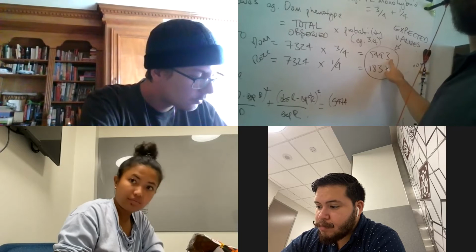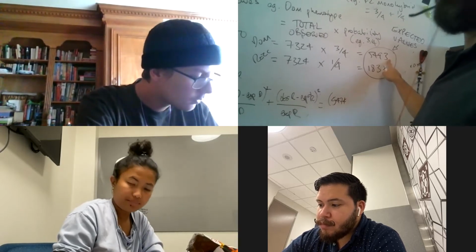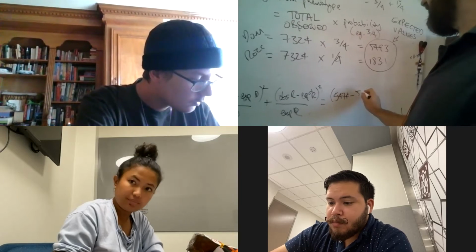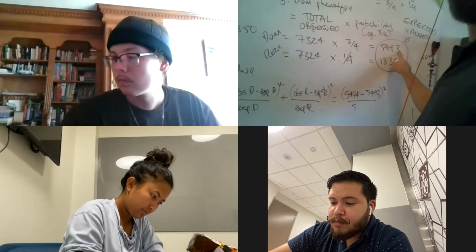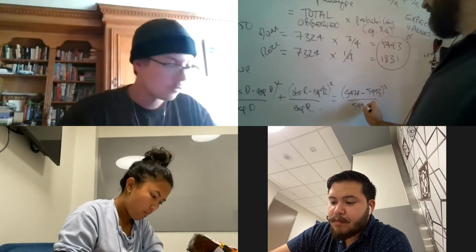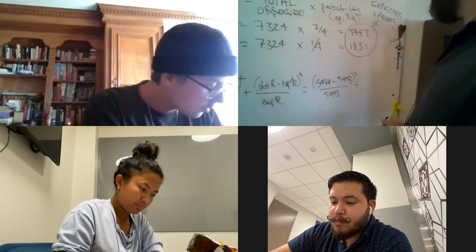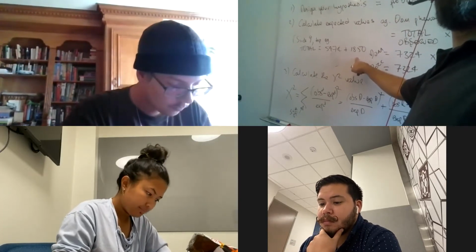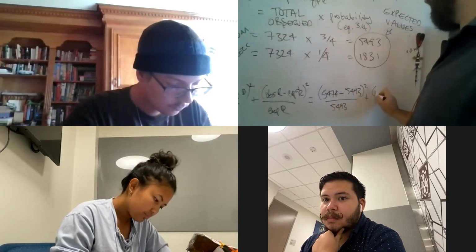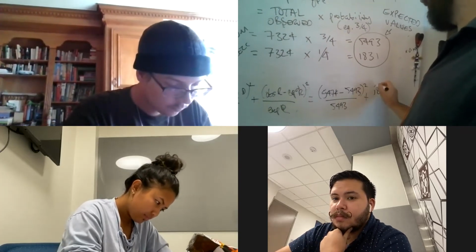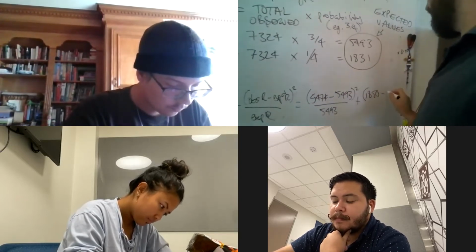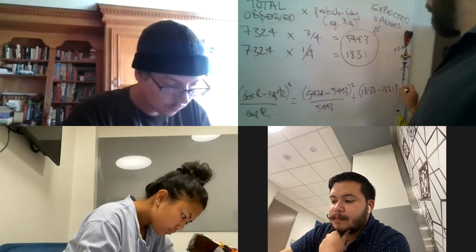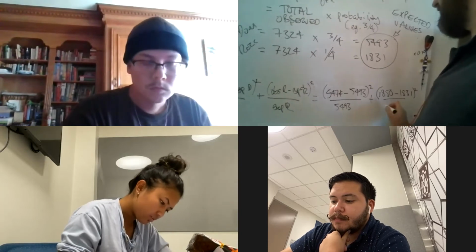Our expected is this for the dominant, minus 5493, squared, divided by the expected, which is again this number, plus the observed for the recessive phenotype, 1850, minus the expected, squared, divided by the expected.